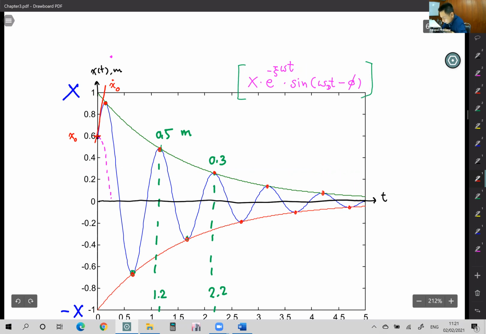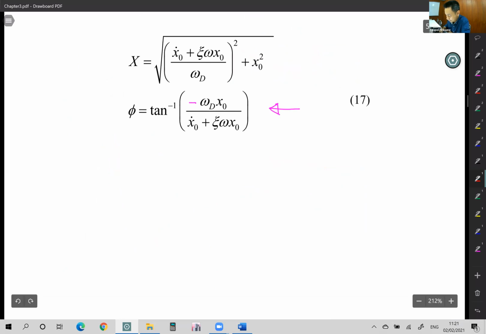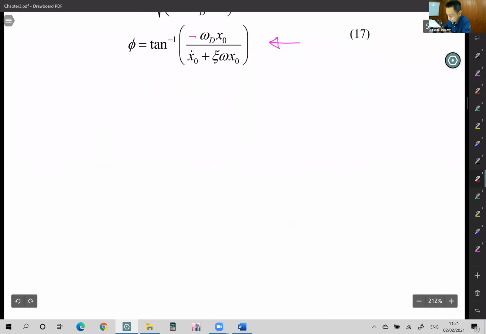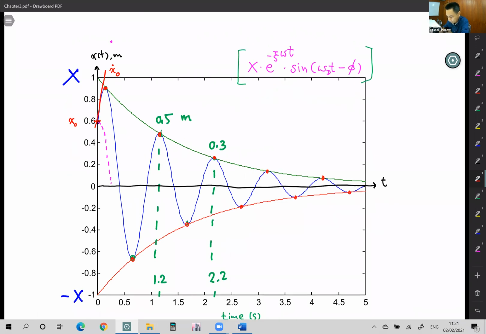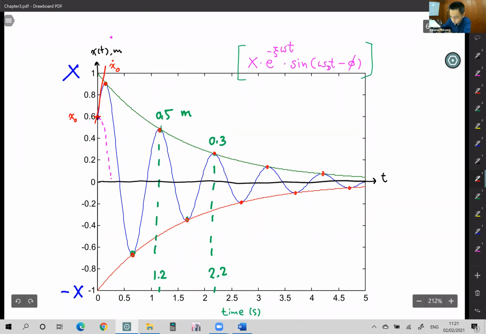Let me look at this equation number, which number? Equation number 17, I'm sorry, 16 closely. The plotting of this comes from equation number 16. And equation number 16 is this pink equation, right?